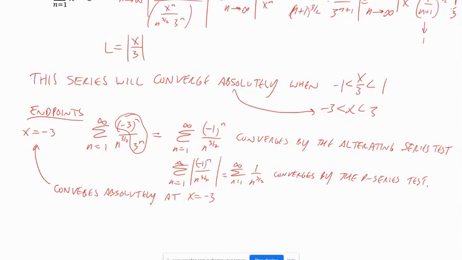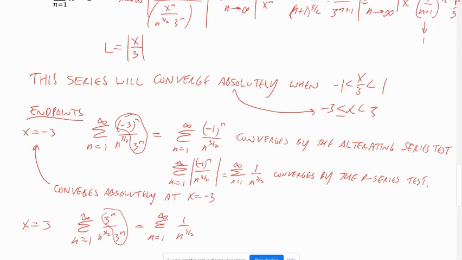Okay, and so now we can include that left endpoint for where it converges absolutely. Now let's try x equals +3. When we try the right endpoint, we get the sum from n equals 1 to infinity of 3 to the n over n to the 3 halves, 3 to the n. 3 to the n over 3 to the n is just 1, so that's the sum from n equals 1 to infinity of 1 over n to the 3 halves.